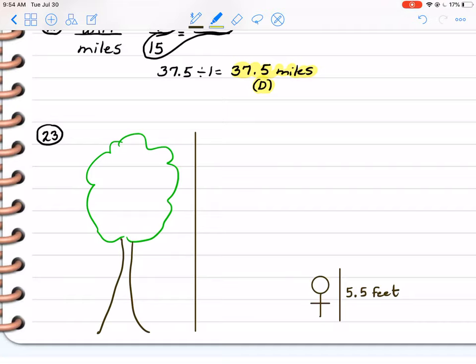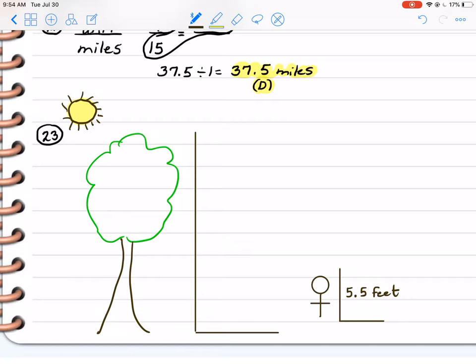And then the sun comes out to help us. So we've got the sun up here, and that's going to cause a shadow to form on the ground. And assuming that we measure these at exactly the same time, this is going to help us find the height of the tree.